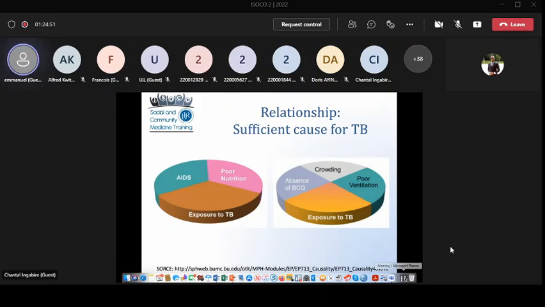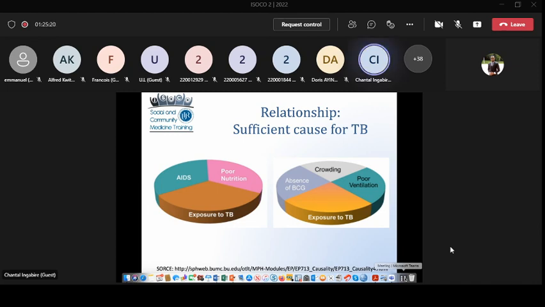And also in the next column, someone can get TB when they are not vaccinated, with poor ventilation or exposure to TB. In simple words, this is the sufficient cause and outcome relationship. The exposures are different, but the outcome is the same. Thank you.